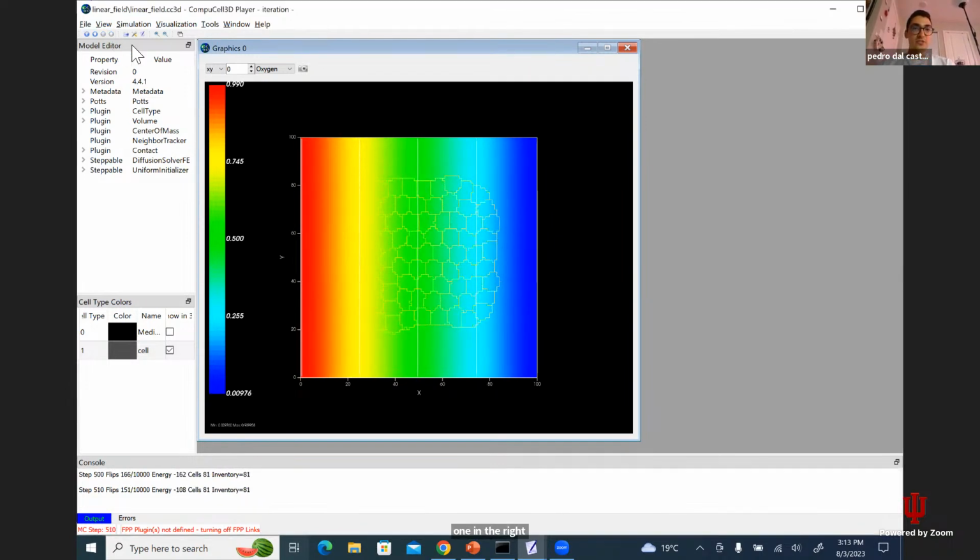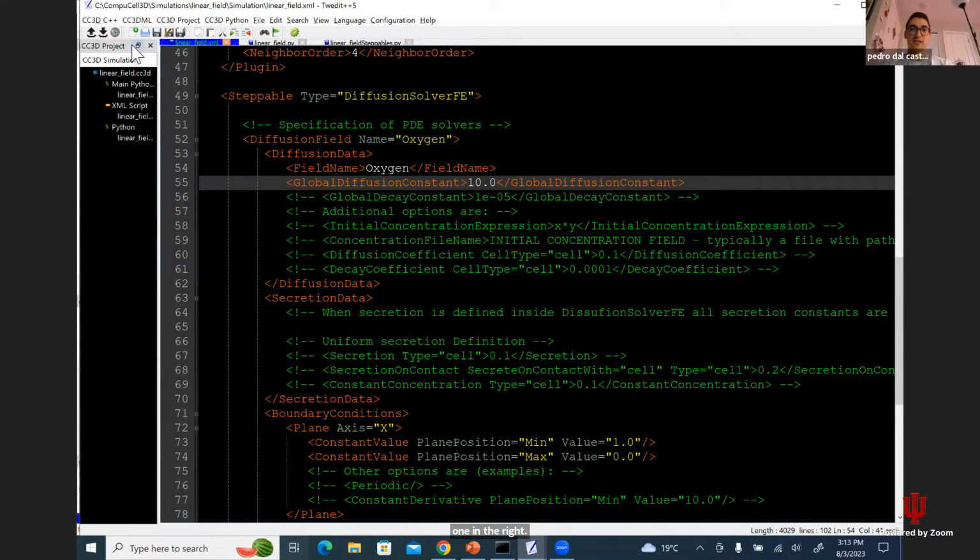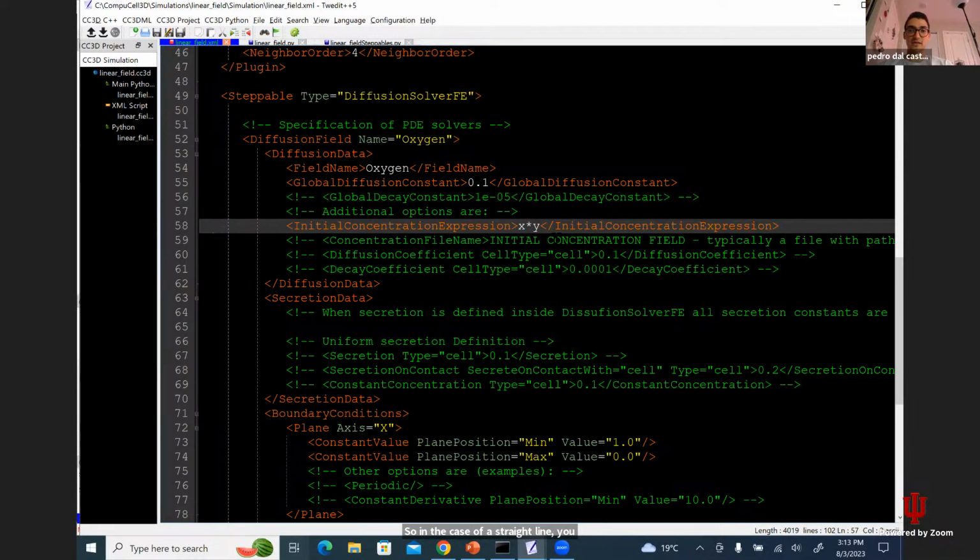One way to reach the steady state straight away is by setting the result as the initial condition. So in the case of a straight line, you just write a straight line as the initial condition. In the case of a linear field from 1 to 0, what you can do is minus x. So it's a descending line.